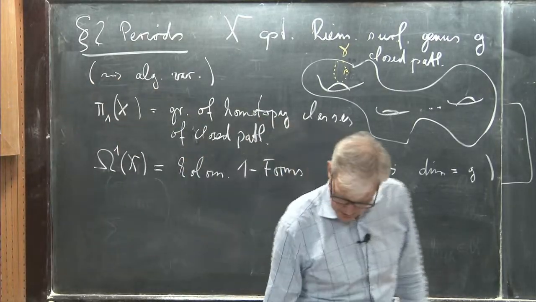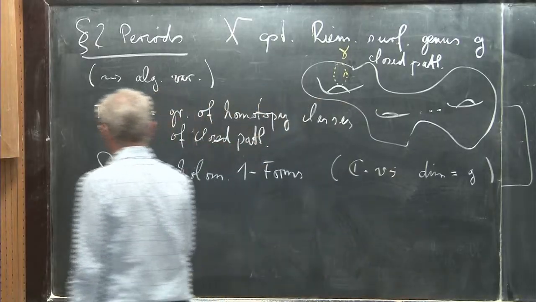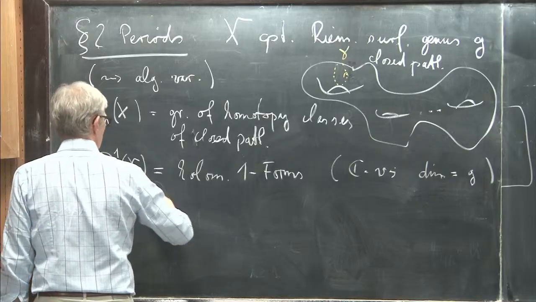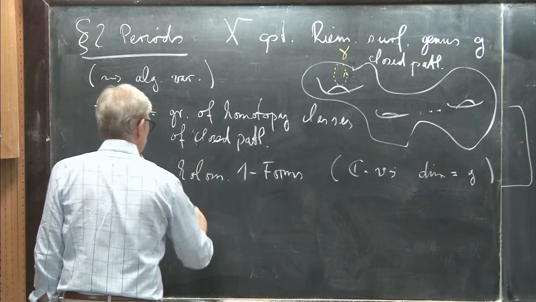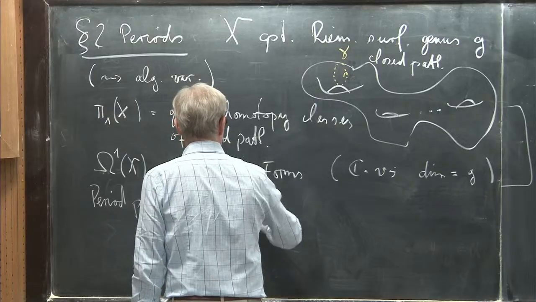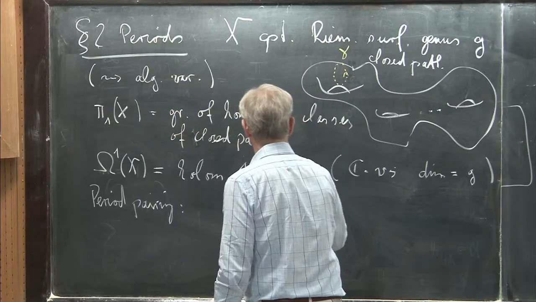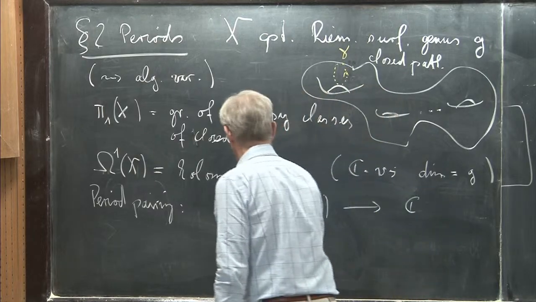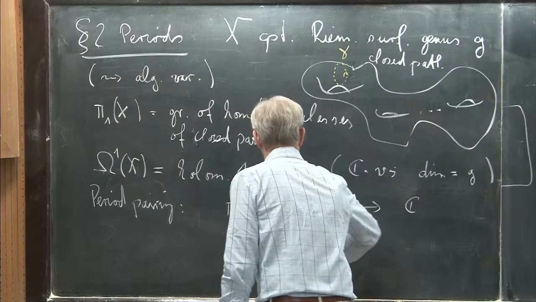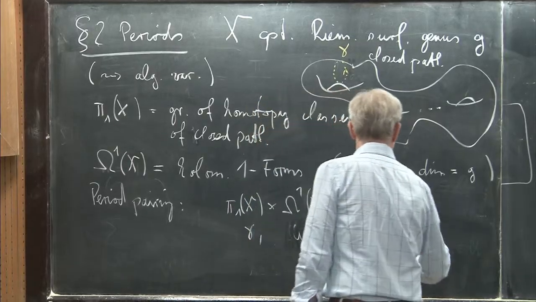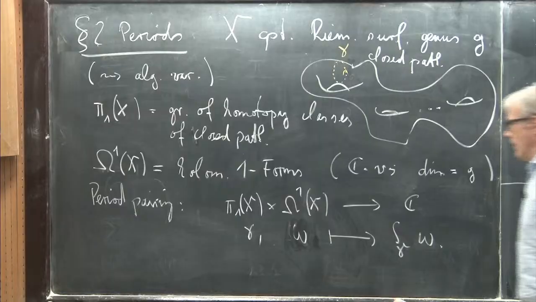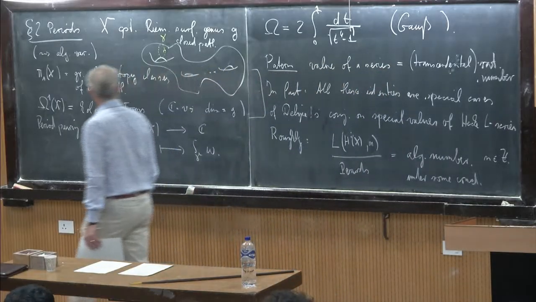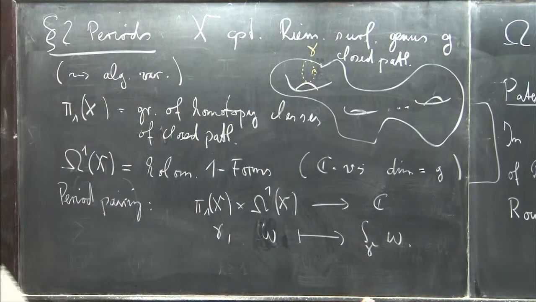And now there is a pairing, usually referred to as a period pairing. And this associates to each path and each differential form a complex number, by integrating the form over this path. This is the usual path integral, which you also use in complex analysis. That's a period pairing.